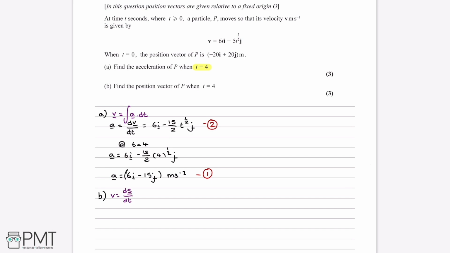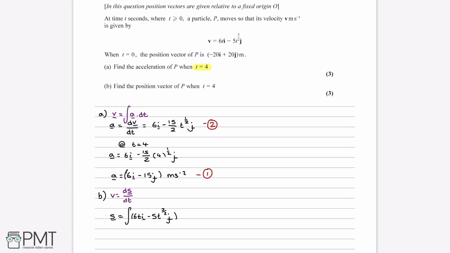Therefore, displacement is the integral of velocity. So to find the position vector, we would integrate the expression for velocity, which is 6ti minus 5t to the power 3 over 2 j.